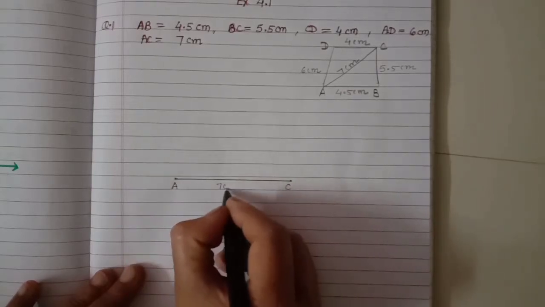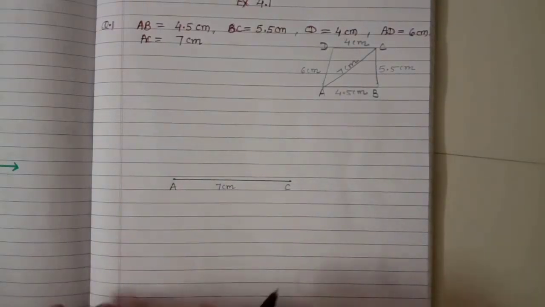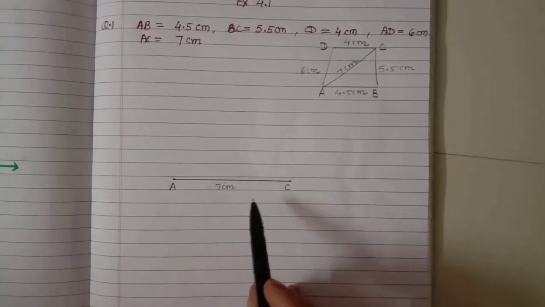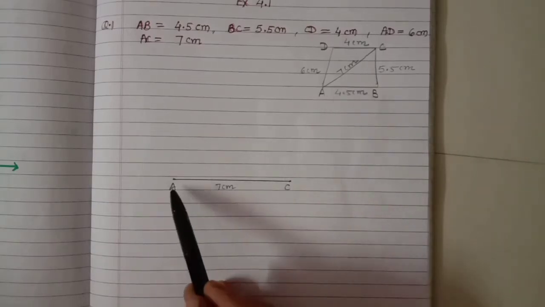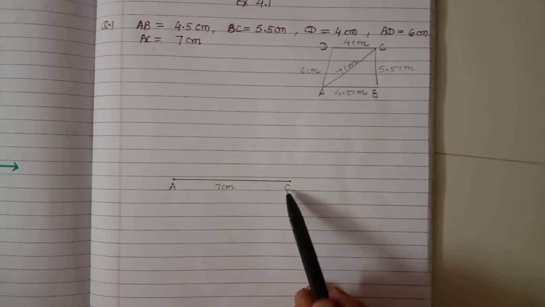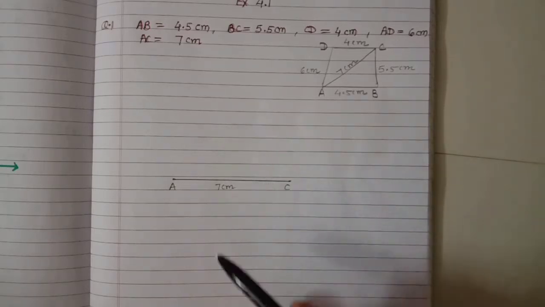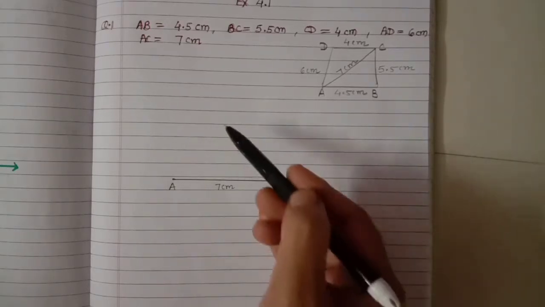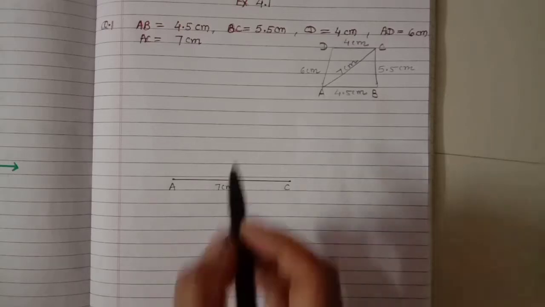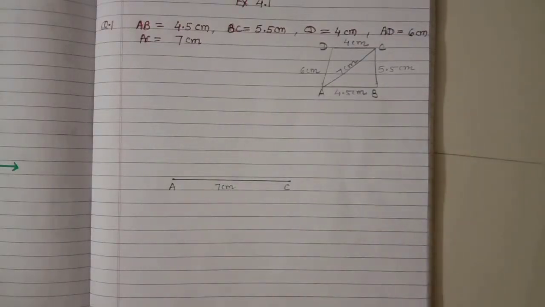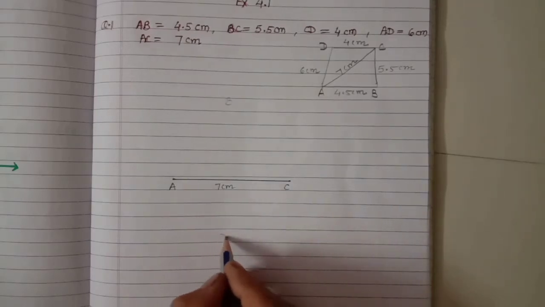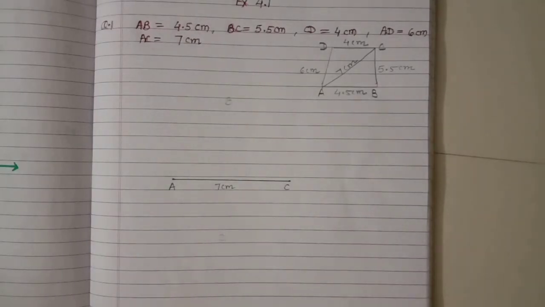As we have to make quadrilateral ABCD, A is here, C is here, so obviously B and D will be on the opposite sides of this AC. Let's suppose that B will be in the upward direction and D will be in the downward direction.